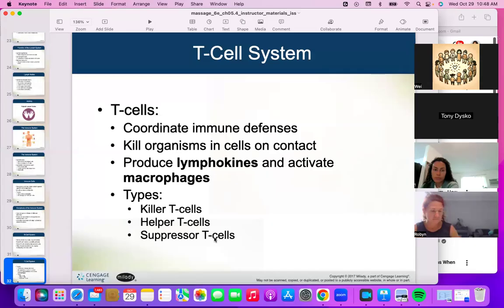The killer T cells attack the antigen directly. The helper T cells enable the other T cells and most B cells to do their function. They activate the B cells, causing the appropriate ones, the ones that are needed, to transform into plasma cells and flood the bloodstream with antibodies.